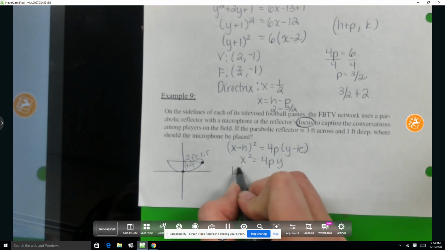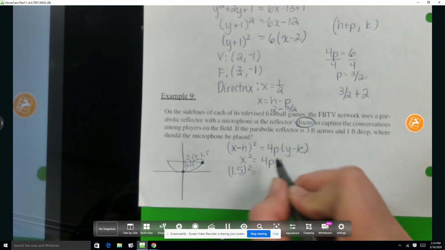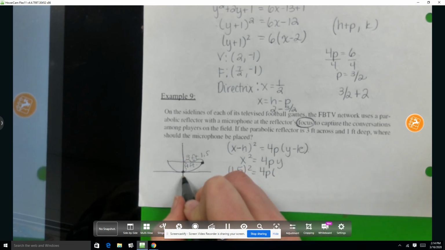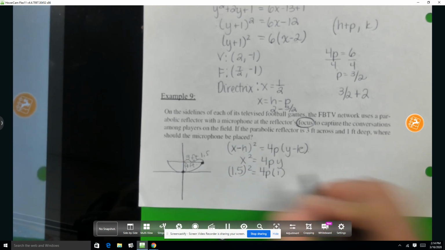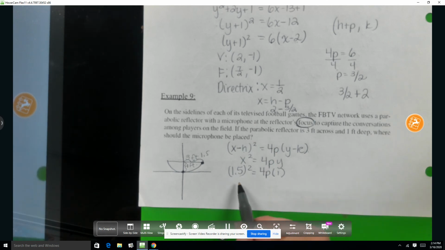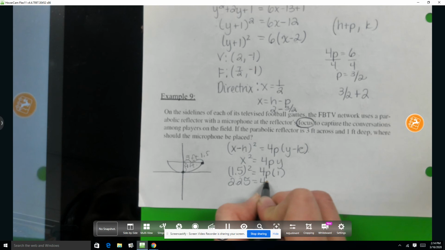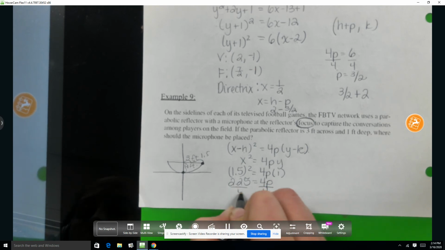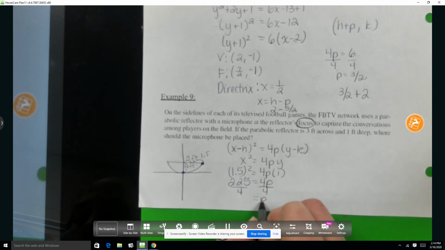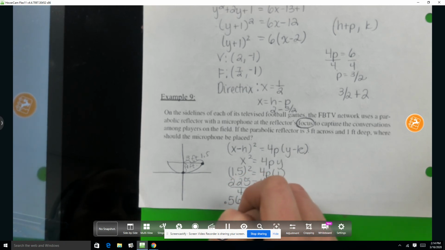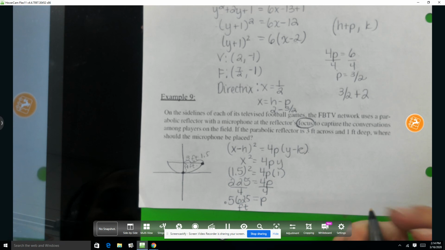So the x value would be 1.5 squared is equal to 4p times your y value, which is how far up you go, which is 1. So y is 1. I'm going to solve this for p. So I get 2.25 equals 4p. Divide by 4. So P is 0.625 feet.